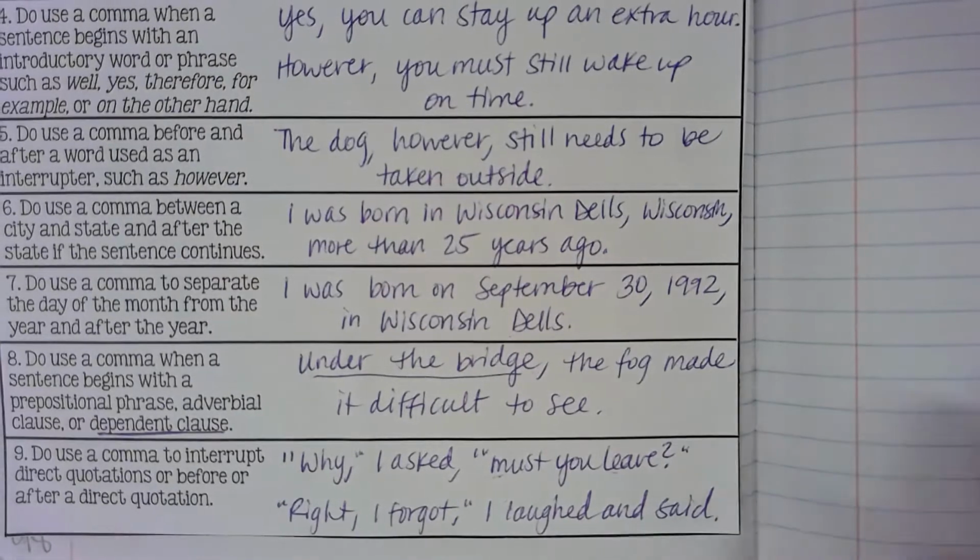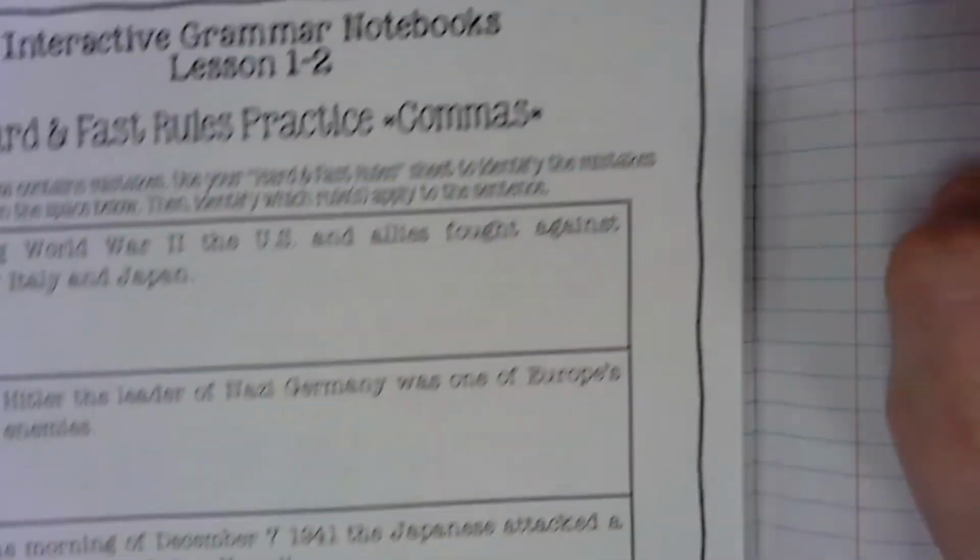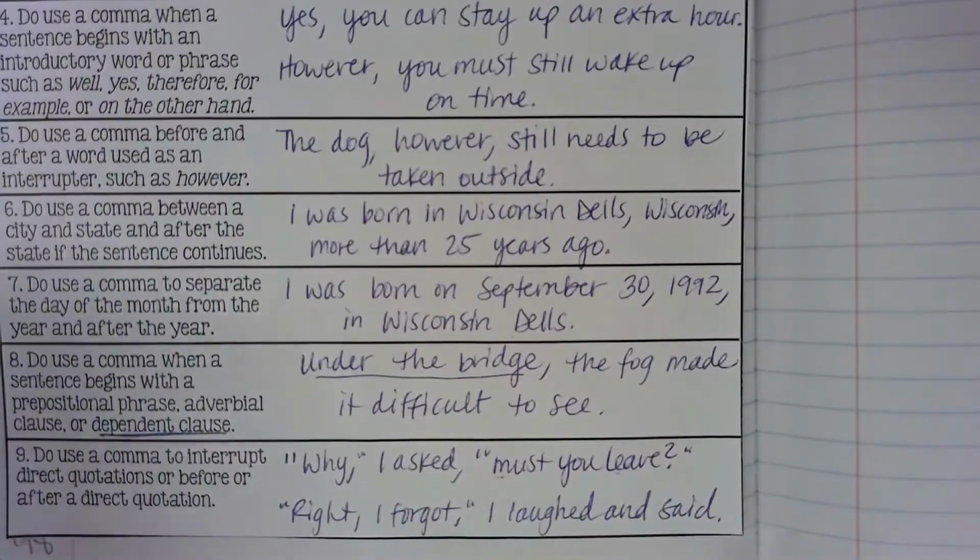Okay, now we have another section here. Hard and fast rules, practice for commas. We're going to cut this out all the way around the outside, glue the whole backside down to the next available page, just like we did on Tuesday with our capitalization. And you're probably going to want a different color pen, pencil, marker to write with, just because commas are so small to see sometimes. They're hard to tell when you add them in with a pen or a pencil.